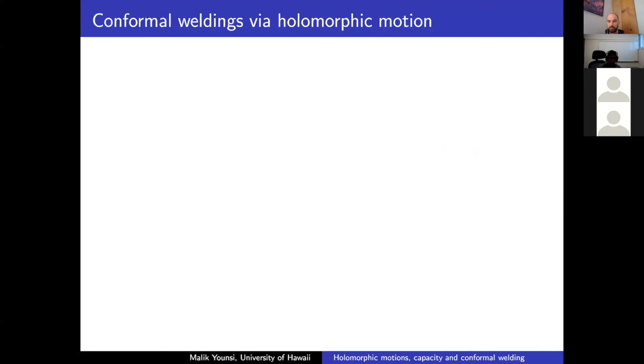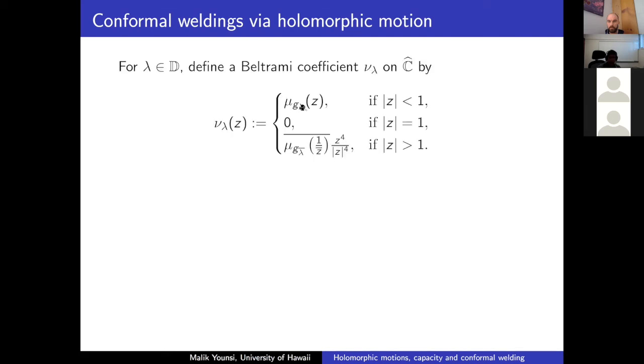Well, there's a little trick we can do using the measurable Riemann mapping theorem. So the idea is to start with the Beltrami coefficient of this map G lambda, and then you define a new Beltrami coefficient on the whole sphere.